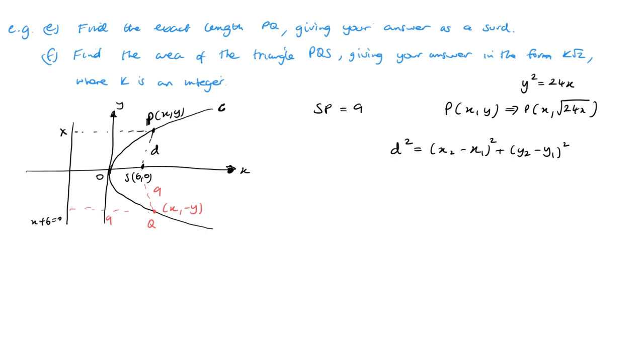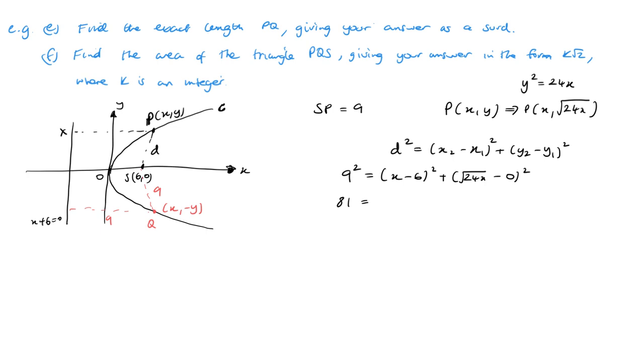So D squared is also 9 squared. And then I've got x minus 6 squared plus, and then the y2 will be root 24x minus 0 squared.